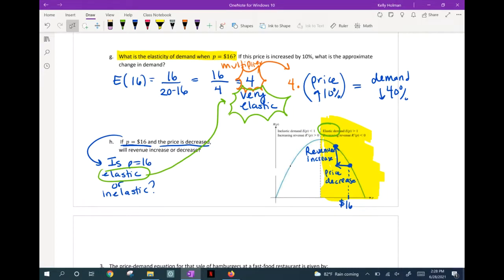But I would say for my answer here, if the $16 price decreases, revenue will increase in this case. I drop the price, but I sell way more of them, so I make up the difference. And then some.